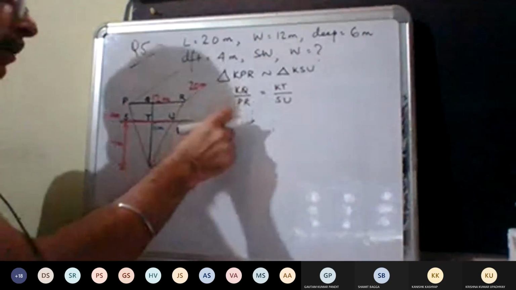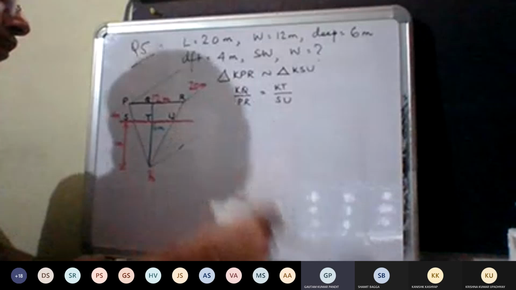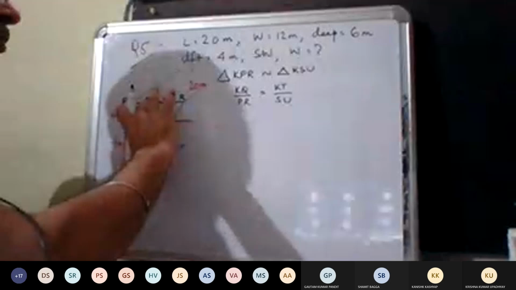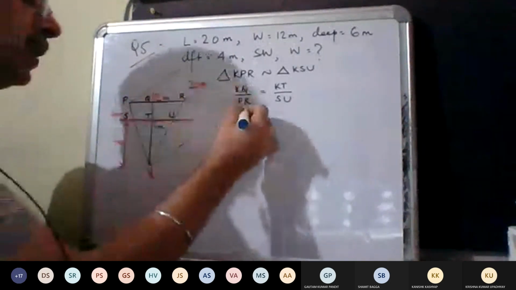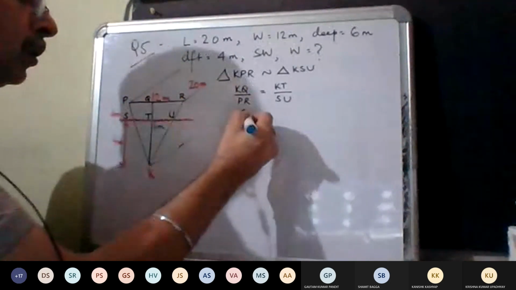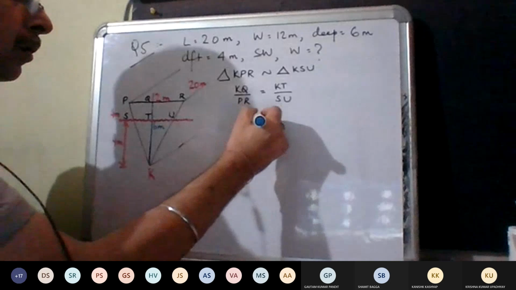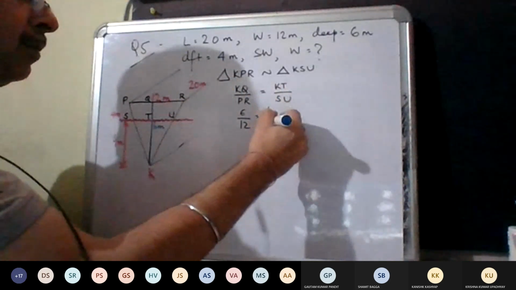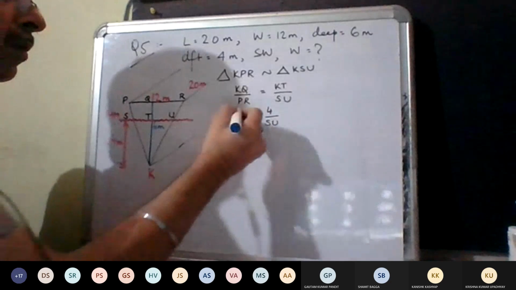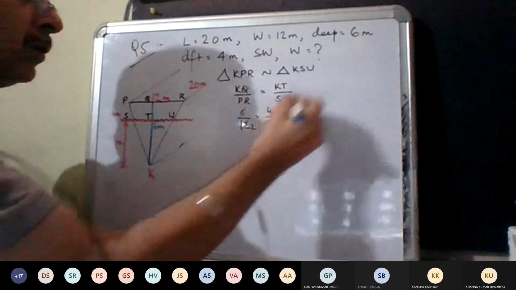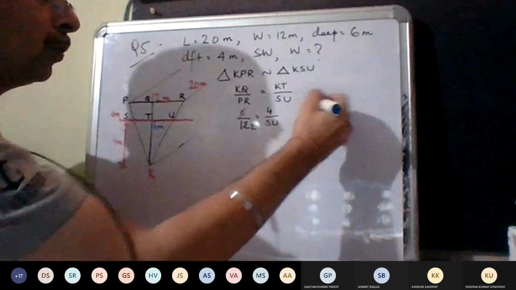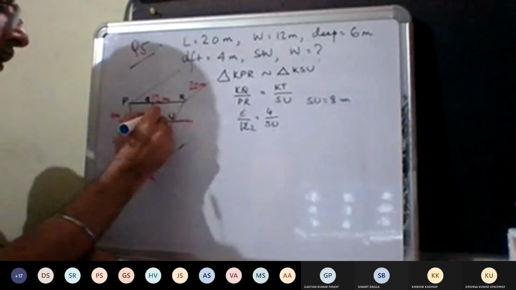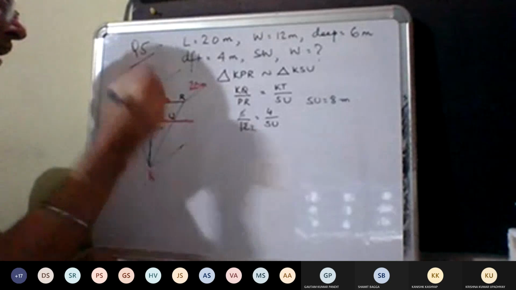Is this okay with everybody? Yes, sir. So therefore, KQ, which is 6, upon base, which is 12, is equal to KT, which is 4, divided by SU. So SU is equal to 8 meters. That means this SU is 8 meters.